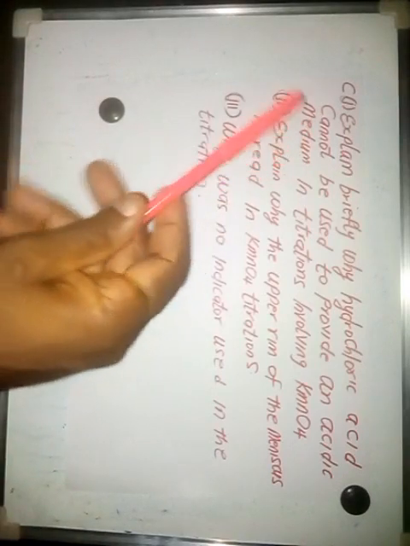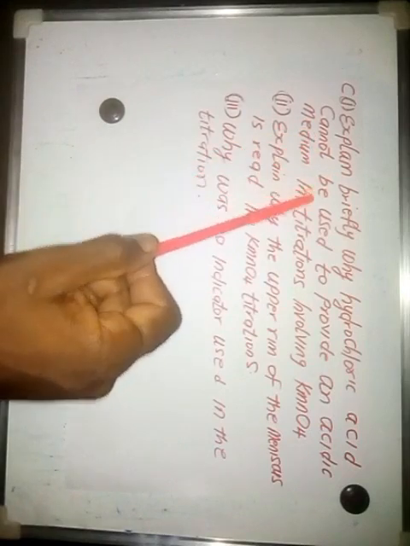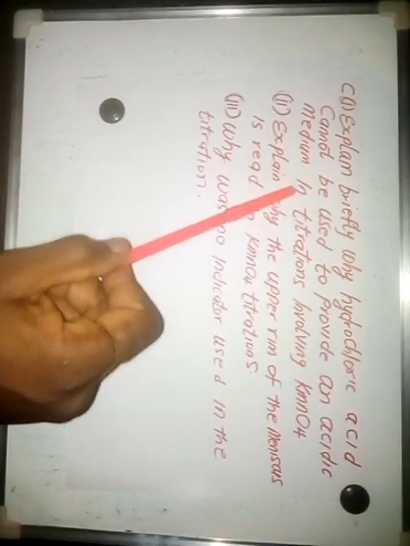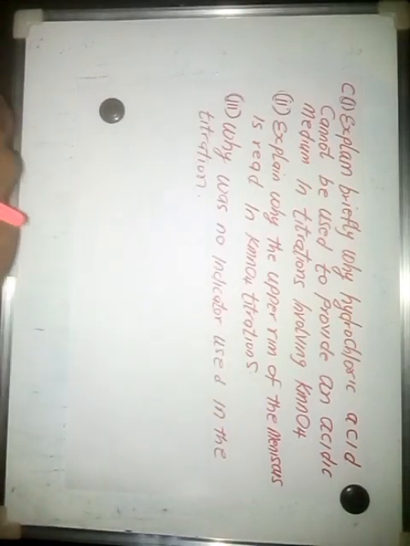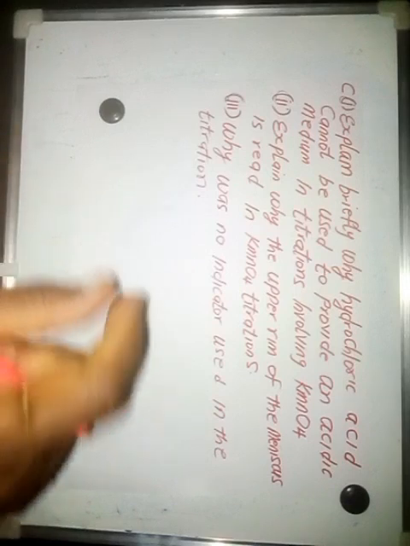For this first one, explain briefly why hydrochloric acid cannot be used to provide an acidic medium in titrations involving KMnO4. Remember, before you do your titration, after you've added your KMnO4 into your burette and your FeSO4 into your conical flask, the next thing you have to do is to add H2SO4 into your conical flask.